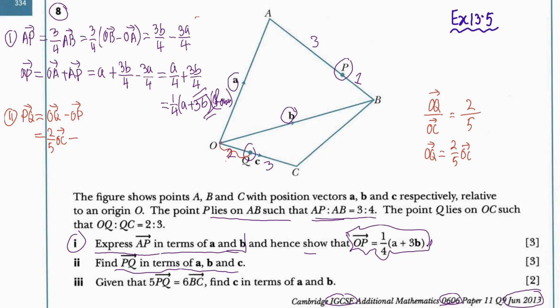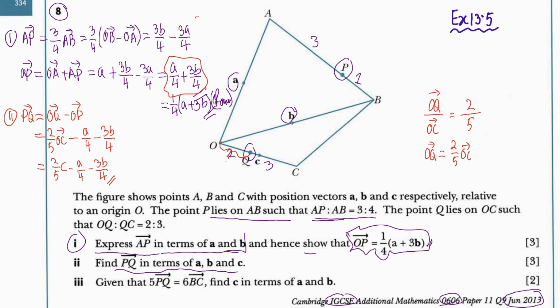We are going to use this result of OP: minus a/4 minus 3b/4. And our final answer is 2/5 of OC, which is c, minus a/4 minus 3b/4. This is our answer for PQ, and we can't simplify this one anymore.